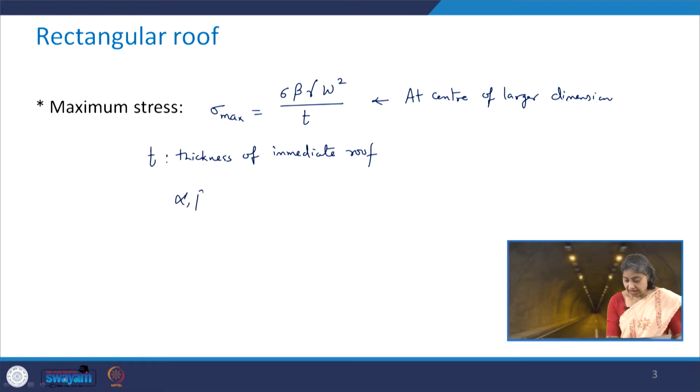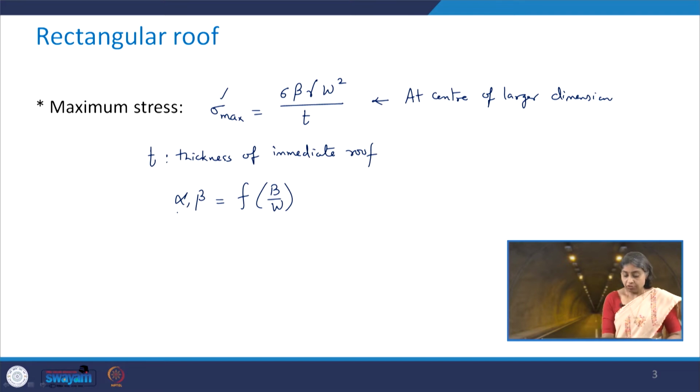Alpha and beta are functions of B by W. So, this is how the maximum deflection and the maximum stress can be obtained.